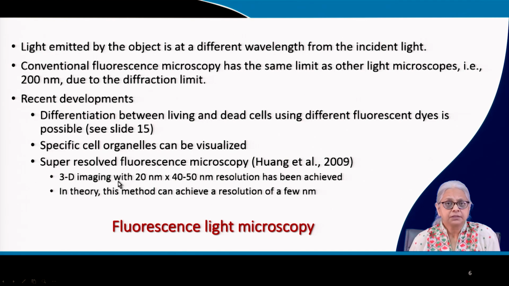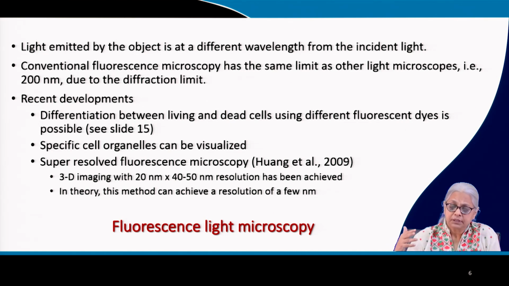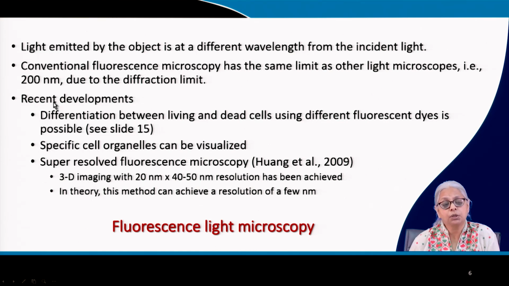And one of the reasons is that super resolved fluorescence microscopy has allowed us to image certain structures within the cells, resulting in 3D images where the resolution has gone down by 10 times. So instead of the limit of 200 nanometers, now the limit is 20 nanometers, and people are working on pushing the limit even further to maybe 1 or 2 nanometers.